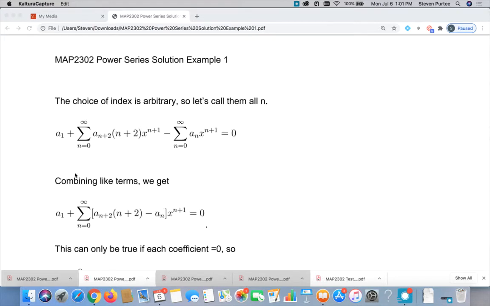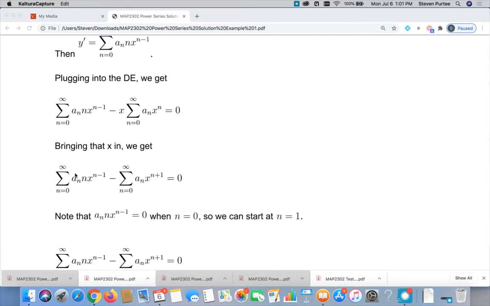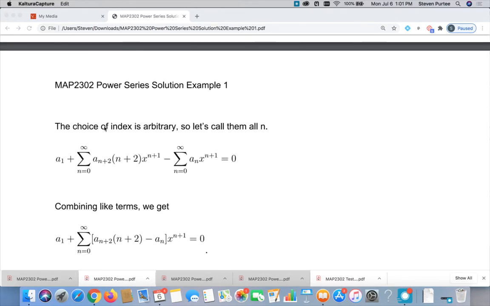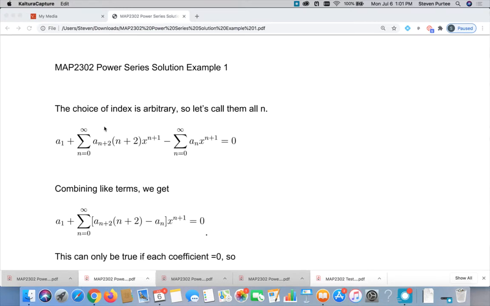Okay, remember, the order tells you how many free parameters, how many free coefficients you'll have. We're first order, so A0 is going to be free. If this were fifth order, then A0 through A4 would all be free. Those would be our arbitrary constants of integration, like our C1, C2, and so forth.